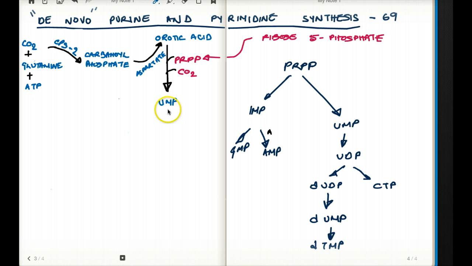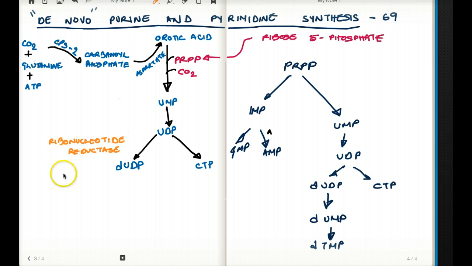From UMP, we're making UDP. From UDP, we make DUDP and CTP, just like here. From UDP to DUDP, this step is stimulated by ribonucleotide reductase. This step is very important to remember.